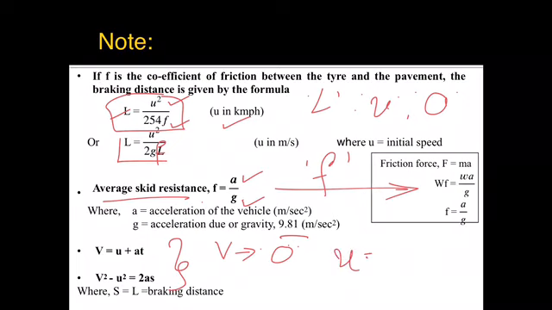Initial speed is the speed at which the vehicle was traveling initially, and S is nothing but L, the braking distance in meters. T is the time taken for the vehicle to come to a stop after application of the brake. So remember these equations, as we will solve problems to determine the skid resistance developed by the pavement surface.